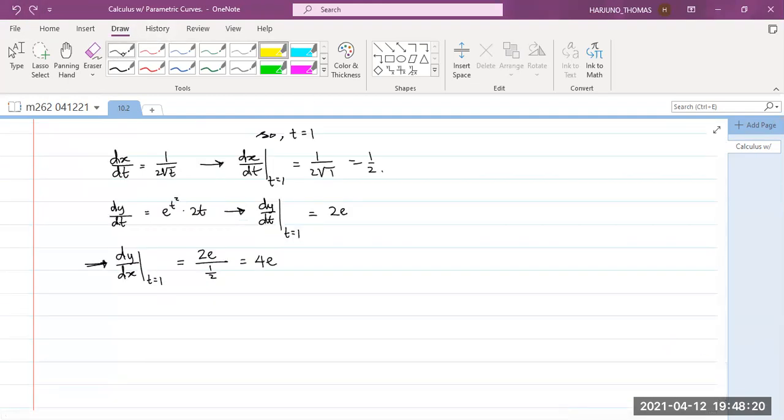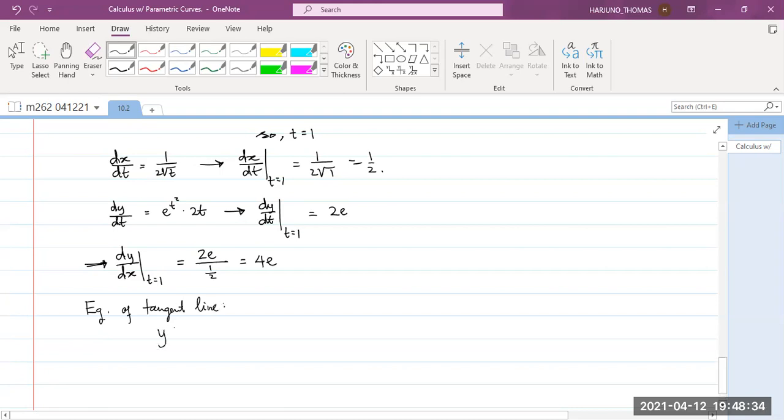Now then, the equation of the tangent line will be given by y minus e equals the slope times x minus 2.